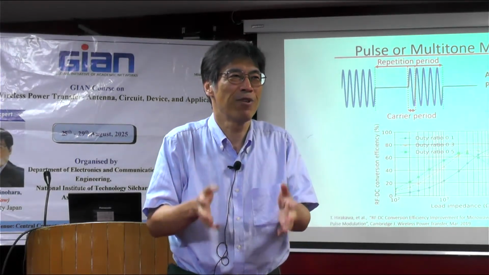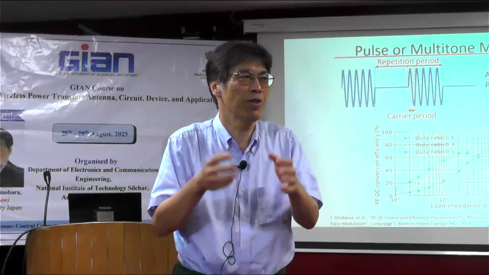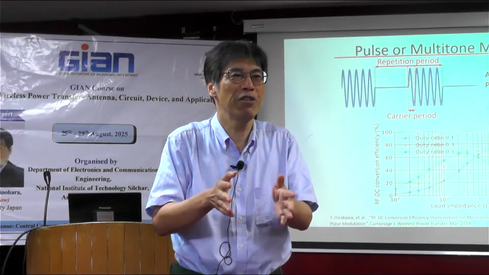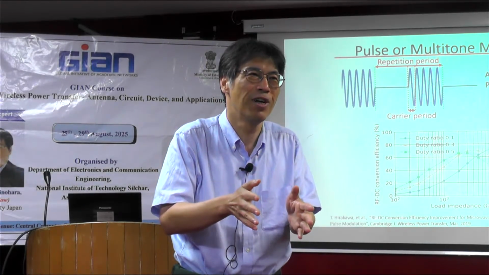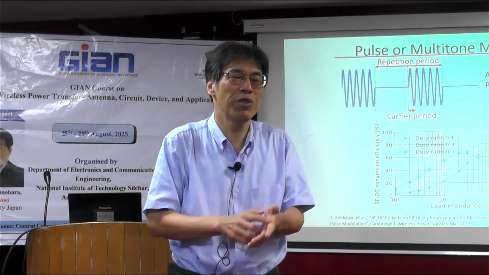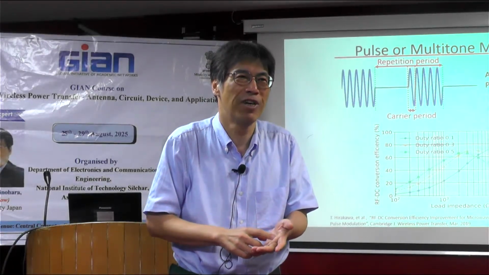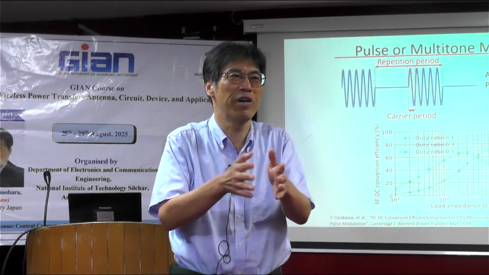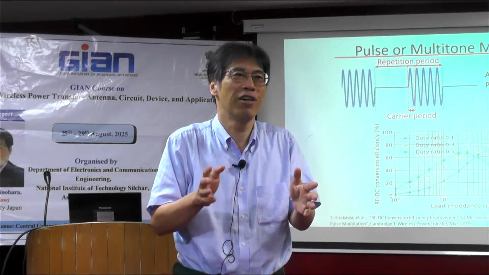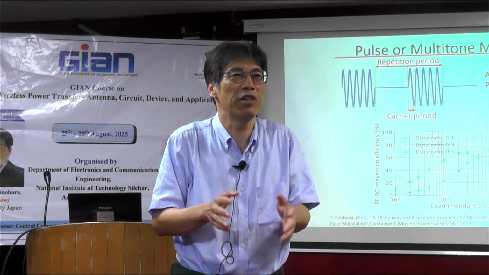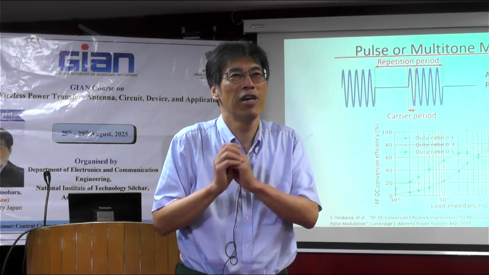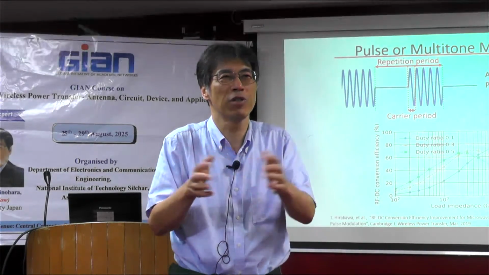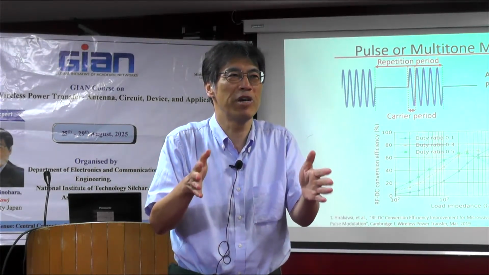At that time, the modulated wave was very narrow. But recently, with fourth or fifth generation, the modulated wave is very wide, and now we cannot develop an energy harvester to gather 5G or 4G radio waves because the bandwidth becomes very wide.